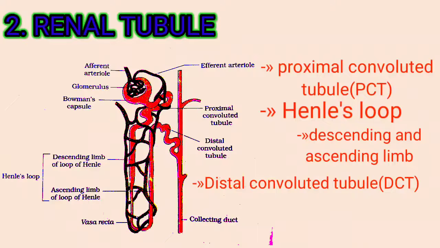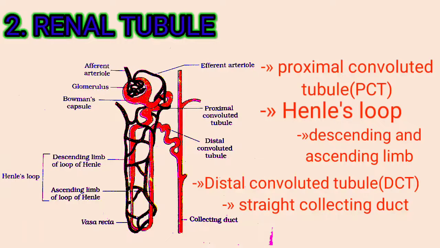The distal convoluted tubule opens into the initial collecting duct in the cortex, and the initial collecting duct becomes the straight collecting duct and passes through the medullary pyramid.